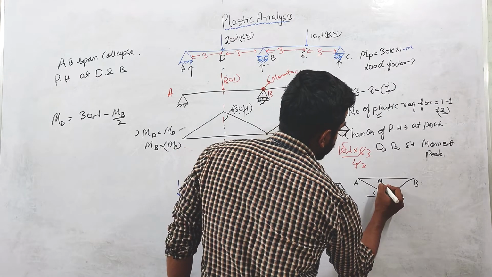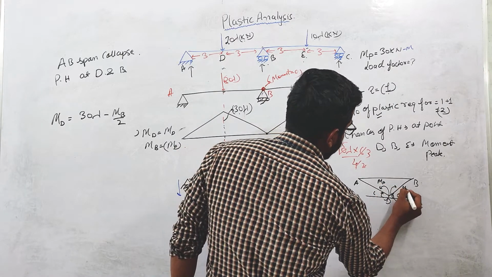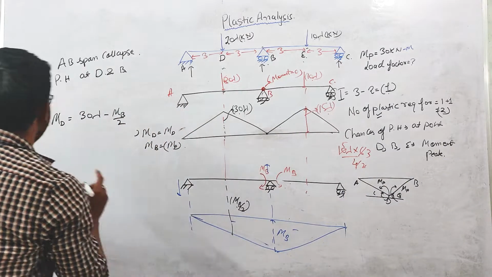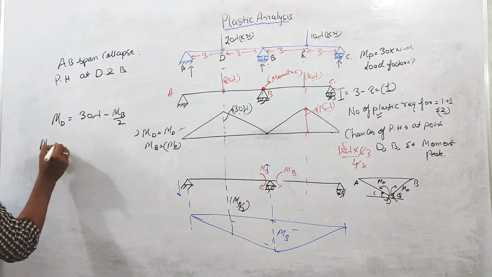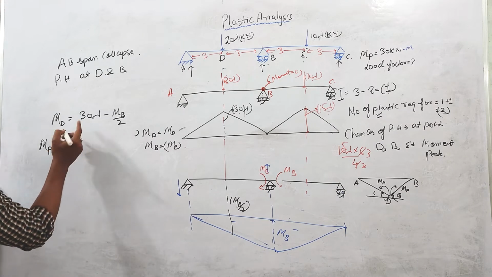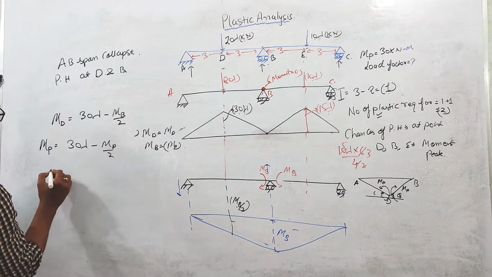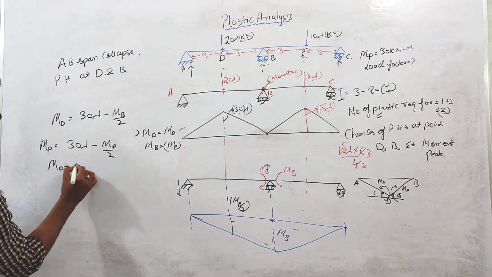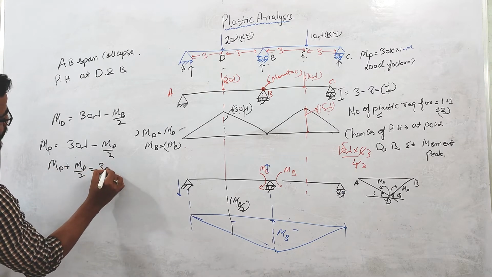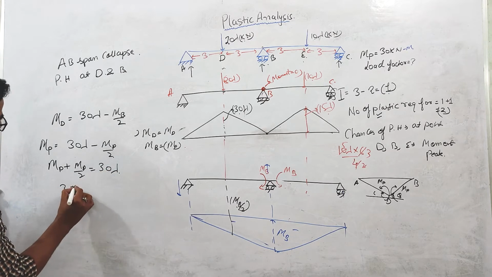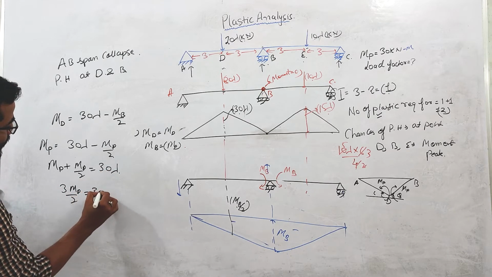So this is MP, and this is MP. MD will be equal to MP, and this is 30 lambda minus MP by 2. So this equation will be MP plus MP by 2 equals 30 lambda. So 3 MP by 2 equals 30 lambda.